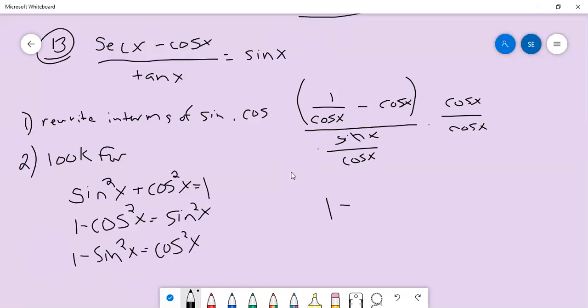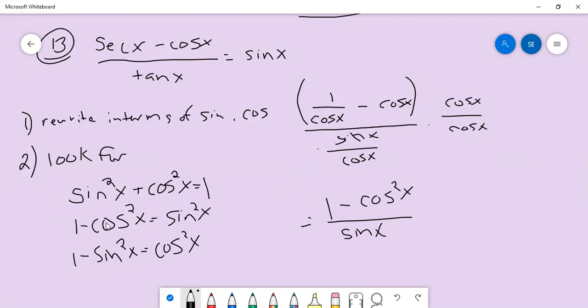Cosine of x times cosine of x, this is cosine squared of x. Sine of x divided by cosine of x times cosine of x, our cosines of x cancel out and we get sine of x.